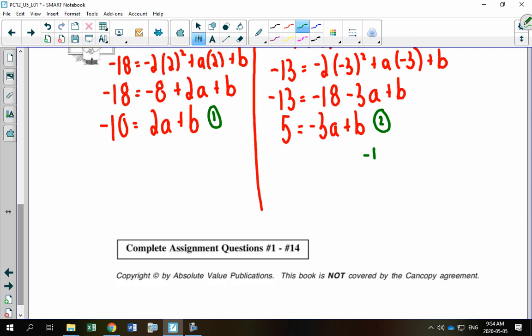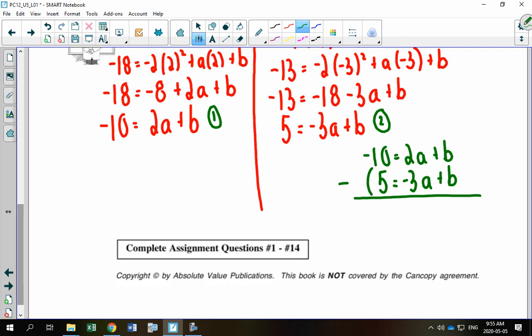So I'm going to go negative 10 is equal to 2a plus b, and line it up with my second one. 5 is equal to negative 3a plus b. And I can subtract these 2 equations from one another to eliminate b. So negative 10 minus 5 is negative 15. 2 minus negative 3 is 5a. And our b's cancel out, and we solve for a. So a is negative 3.